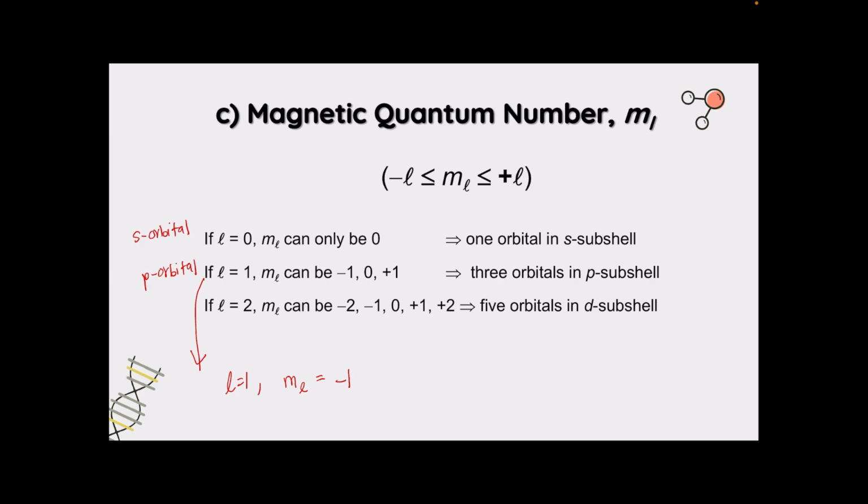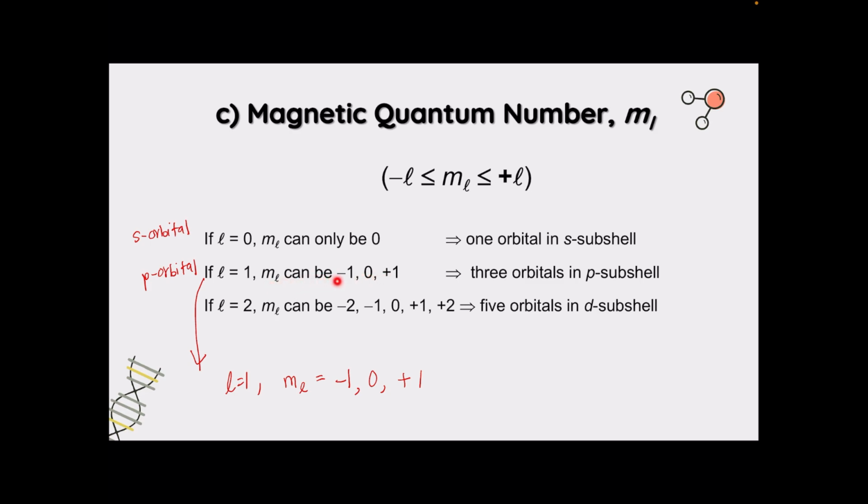So from negative 1 going to plus 1, it will pass through the numbers negative 1, 0 and plus 1. So here we have how many numbers? 1, 2, 3. So these numbers actually represent the sub places, the sub locations in that L. So in this L equals to 1, we have 3 more divisions of places.